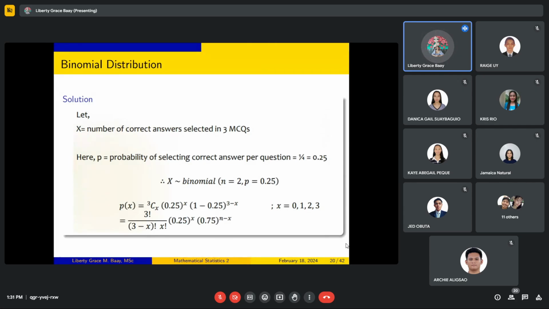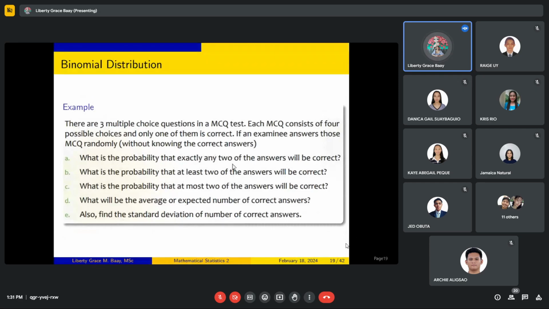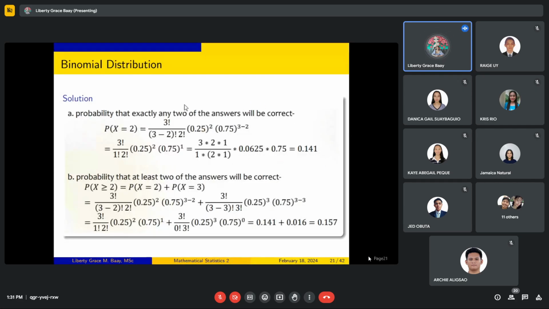And our n is equal to 3, since there are three multiple choice questions. The probability of success is equal to 0.25.